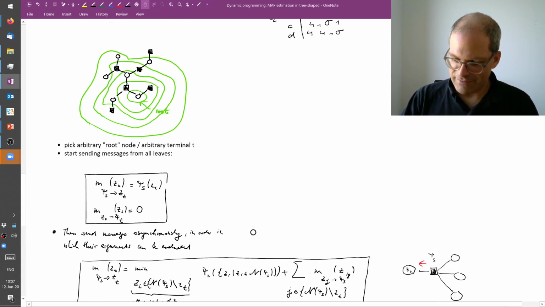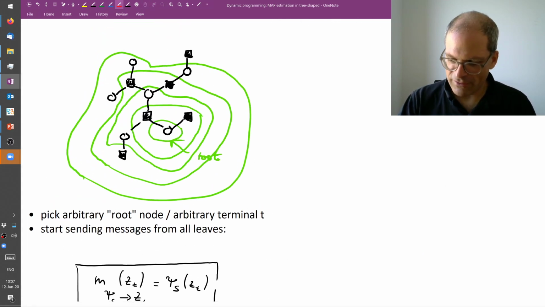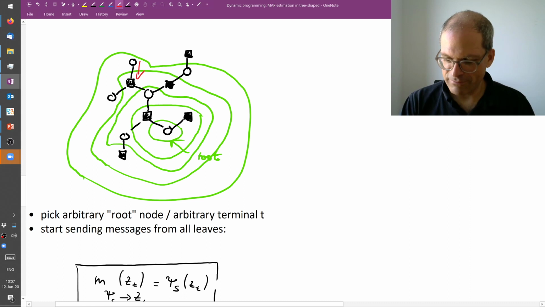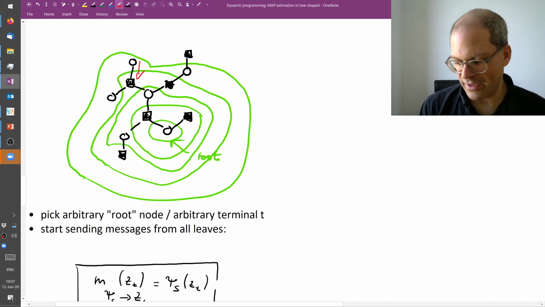We send a message, for example, here, but the message from this factor towards the root can only be sent once it has received its input. So it's waiting until it has received its input, then it's sending it along.